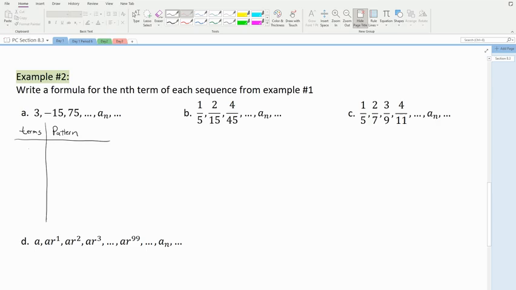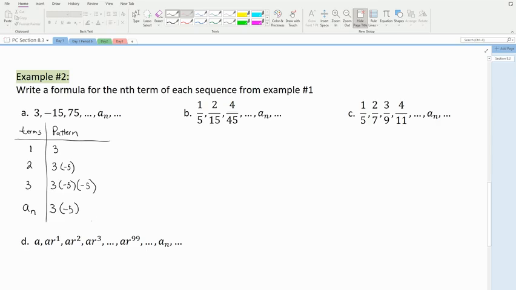So term 1, we just have a 3. Term 2, we have a 3 times a -5. Term 3, we have a 3 times a -5 to get the -15. That's just the answer from before, but then we're multiplying that by another -5. So if we look at this pattern, we can see that we are just taking a 3 and multiplying it by a -5.